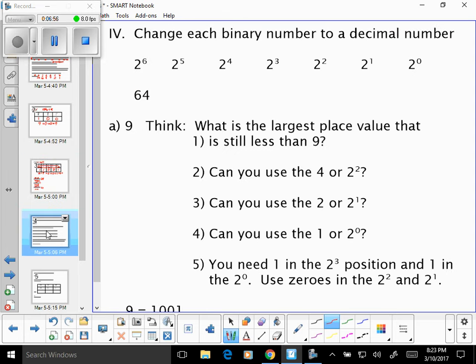Let's say that we're going to change a binary number. Whoops, this isn't worded right. There should be a decimal number to a binary number. Now, just a reminder, we have 1s, 2s, 4s, 8s, 16s, 32s, and 64s.